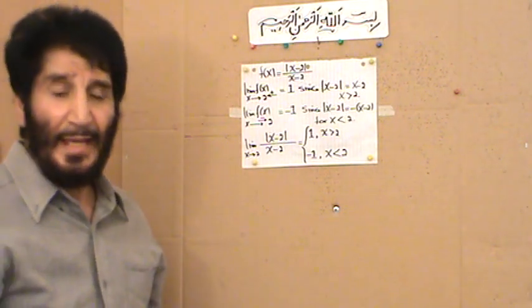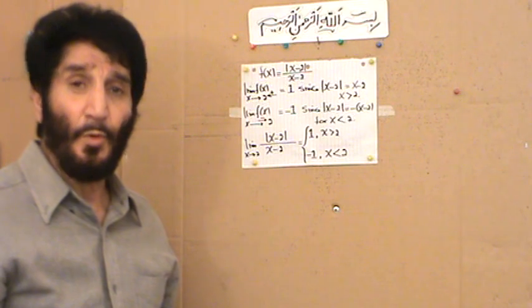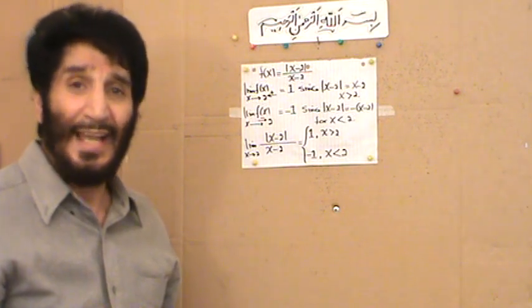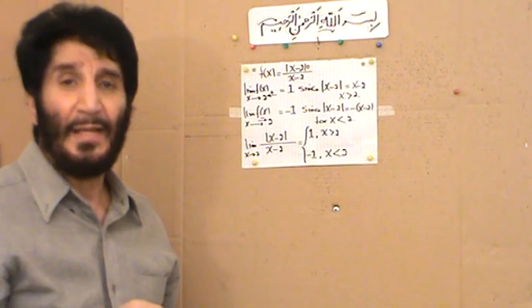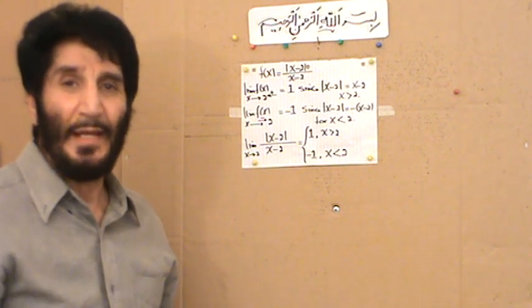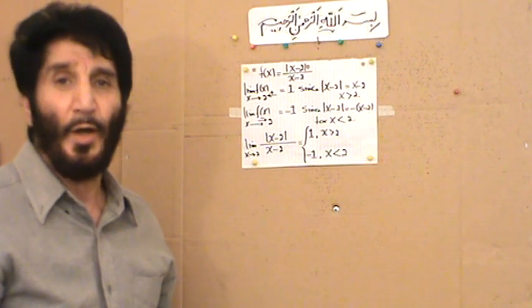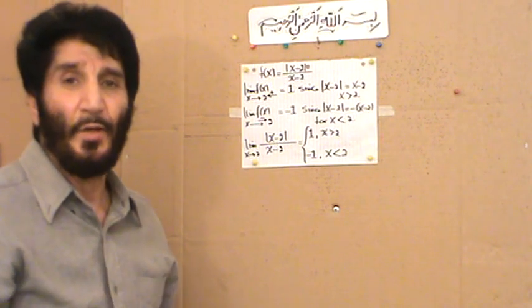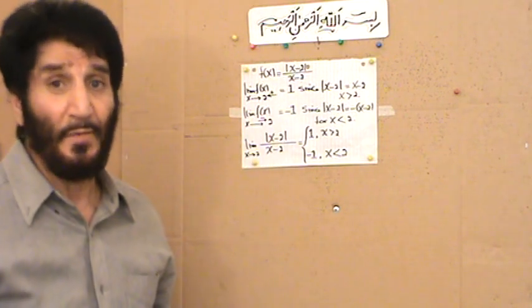Again, I repeat myself, if you are selecting values to the left of 2, then 2 minus x will be a positive number. For example, if you give 1.9, then 2 minus 1.9 will be a positive number. That's exactly what absolute value means.